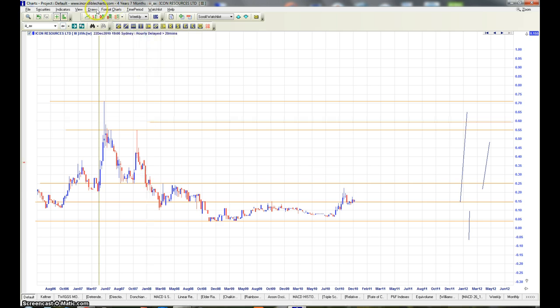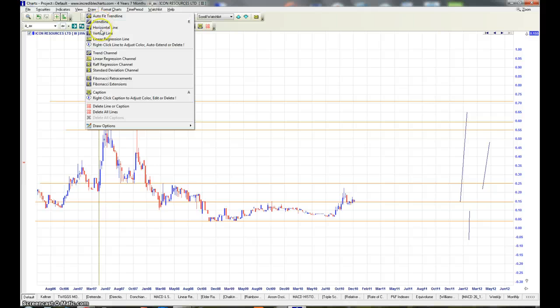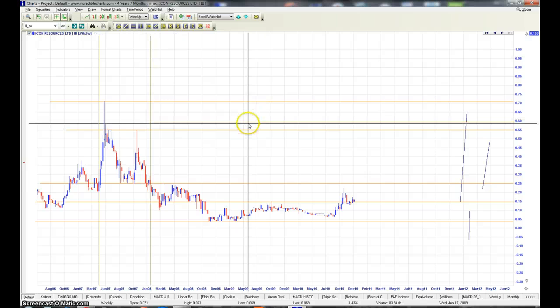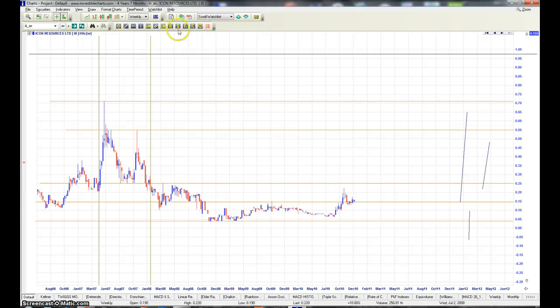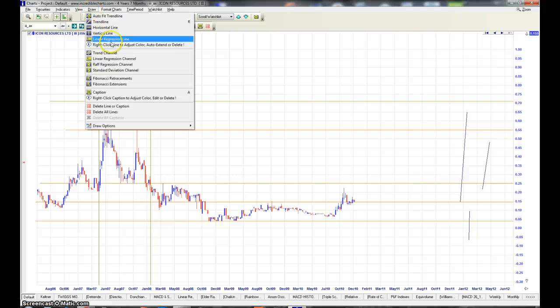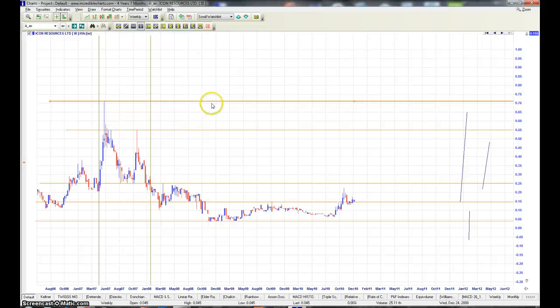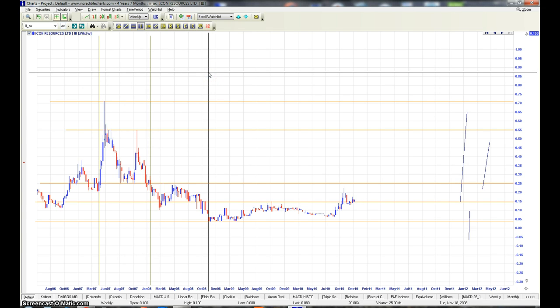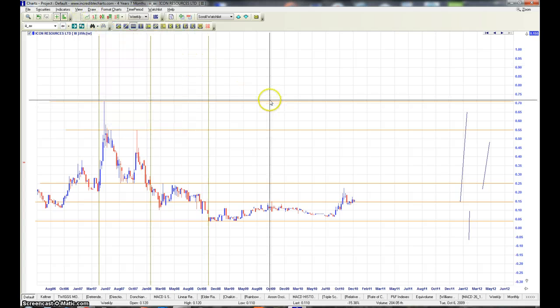Oh, I messed that up. I drew a horizontal line instead. There we go, but it's gone right down to the bottom there. I'll draw another line there.